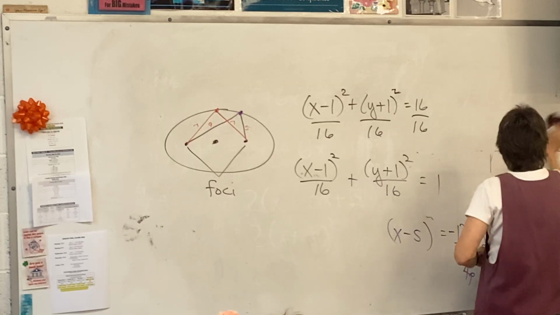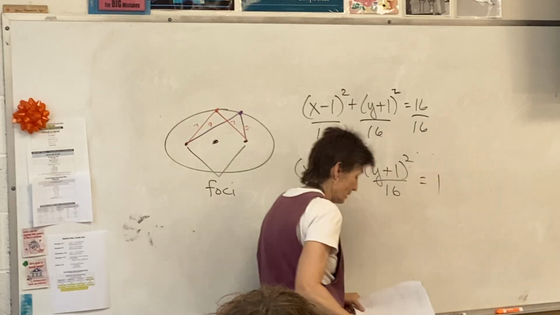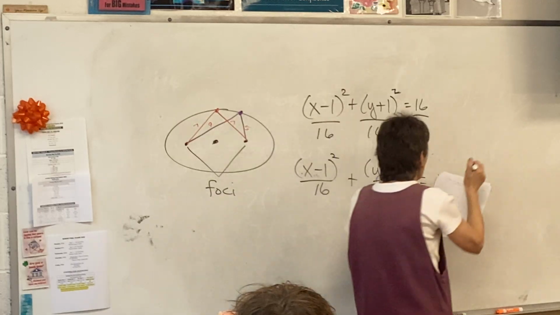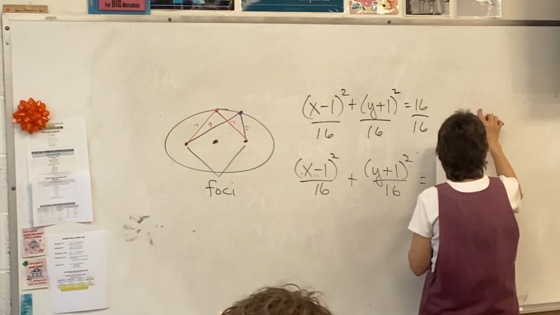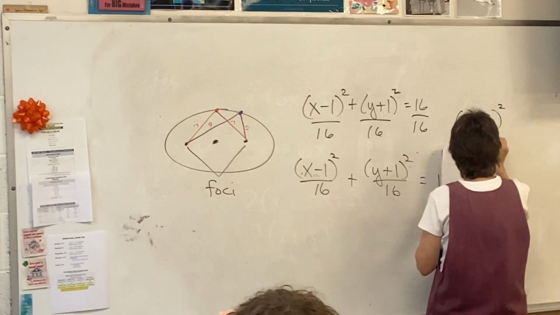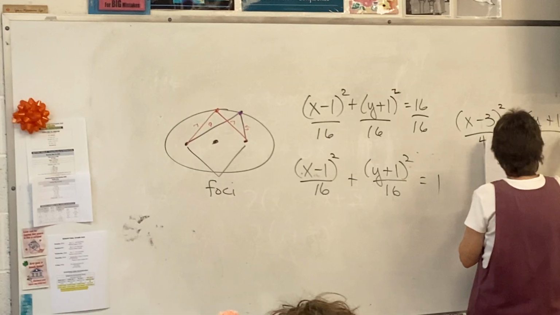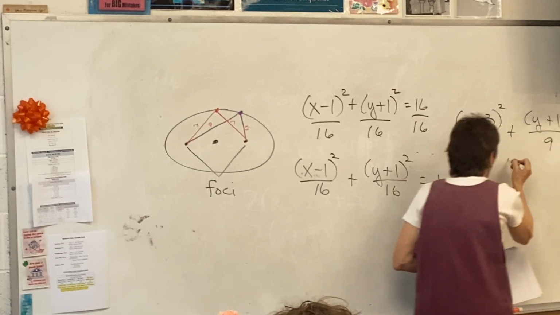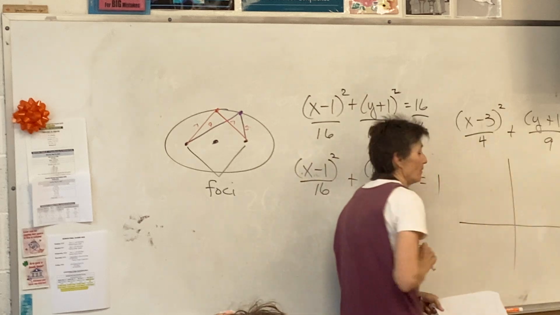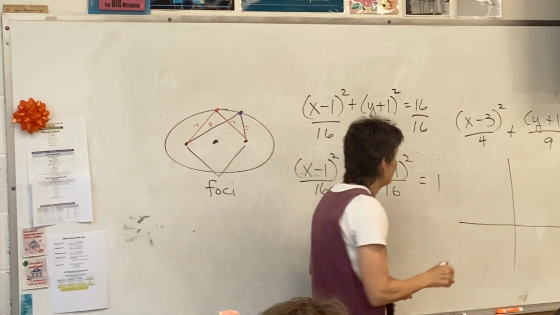Doesn't that equation look very similar to this one, except the numbers in the denominator are not the same? Where do you think the center of this thing is? (3, -1).